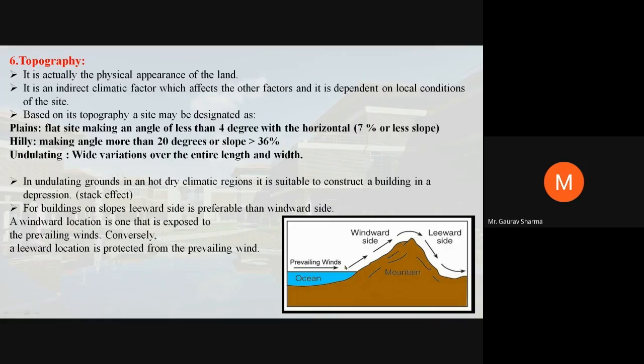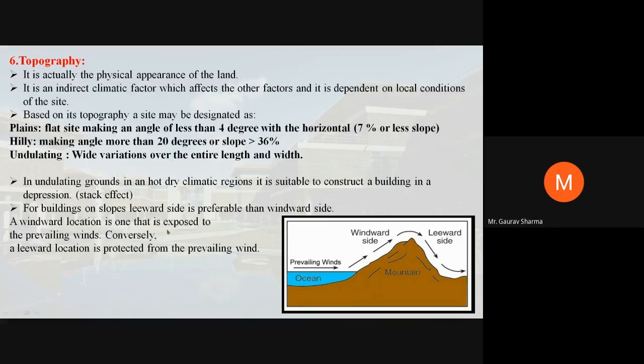Prevailing winds means the majority of winds is flowing in this direction. Okay, so that is the prevailing wind. So the face of the building, or let's say the face of mountain which is facing the prevailing winds, is called the windward side, whereas the opposite face which is not directly facing the prevailing winds is called the leeward side. Right, so windward and leeward, these are two different sides.